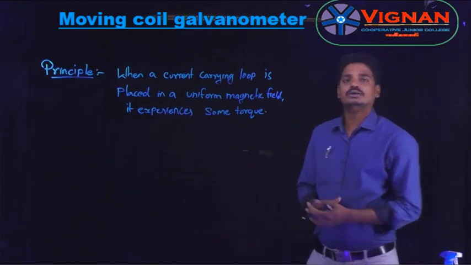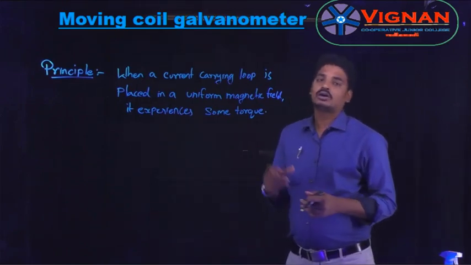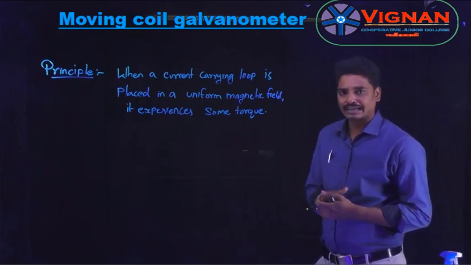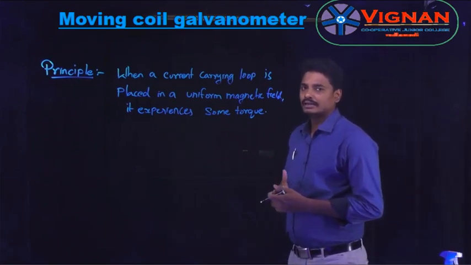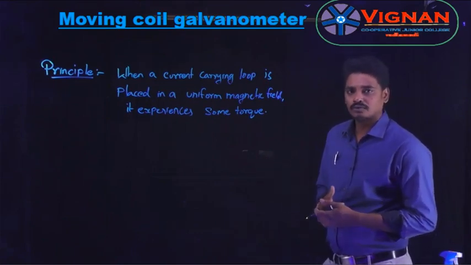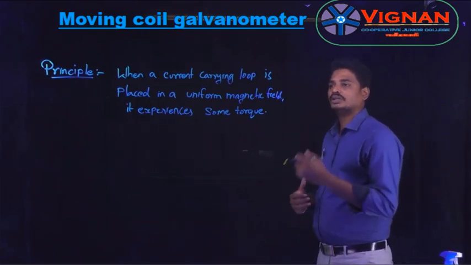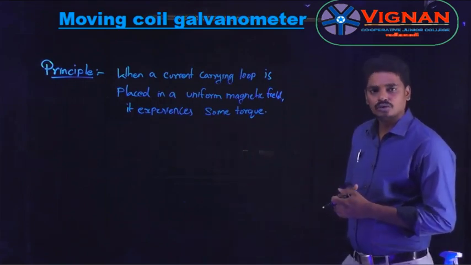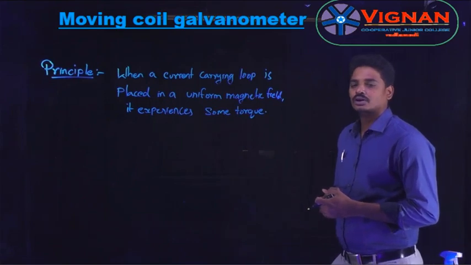In our last video, we discussed the torque on a current carrying loop placed in a uniform magnetic field, so you can observe that video. So what is the mathematical formula for the torque when the current carrying loop is placed in a uniform magnetic field?